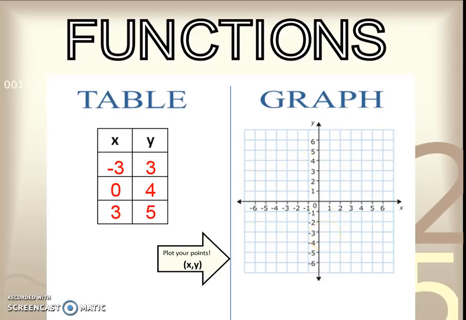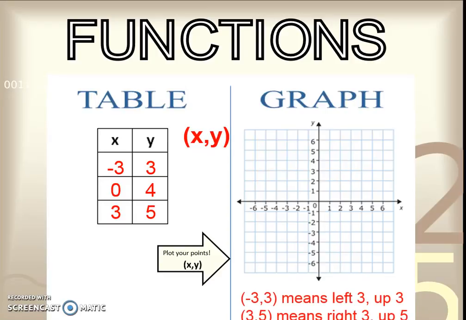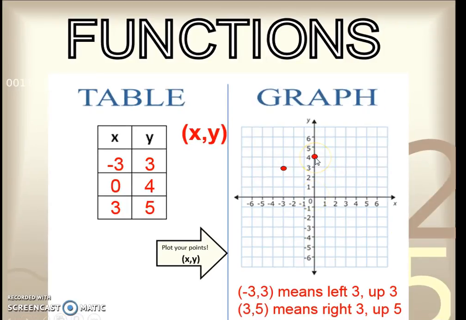Now remember, when you're plotting these points, you're always going to go x and then y. So your first point, -3, 3, means we're going to go left 3 and then up 3. So this point would be right here. Our next point would be, let's go back to the 0, and then from the 0 we'll go up 4, so that's our second point here.